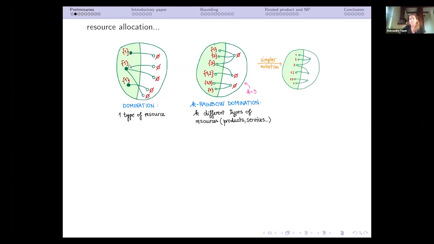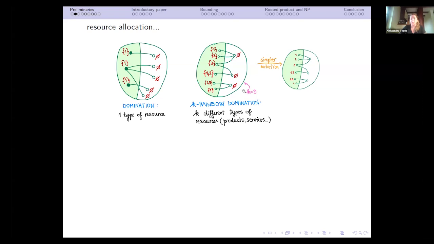And now you can imagine a more complex version of domination where we have k different types of resources or products or services. And we want to distribute them over the network in such a way that each vertex that does not have any resource on its own sees all types of resources in the neighborhood.